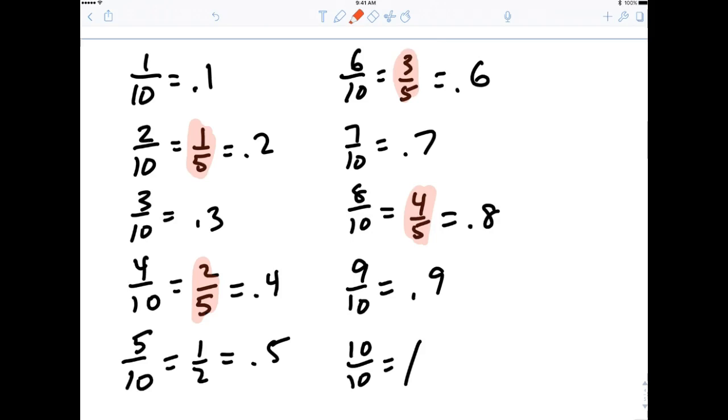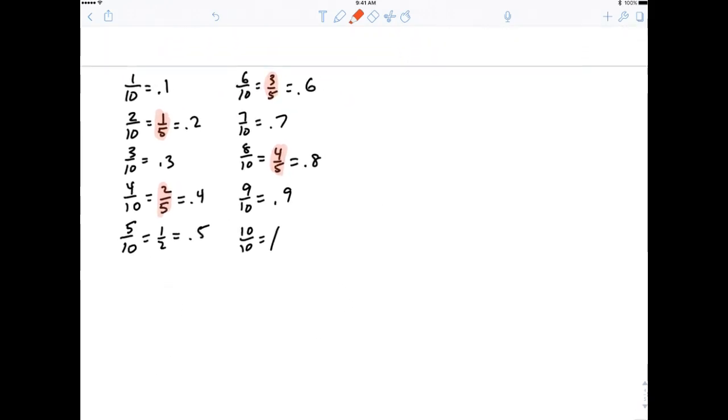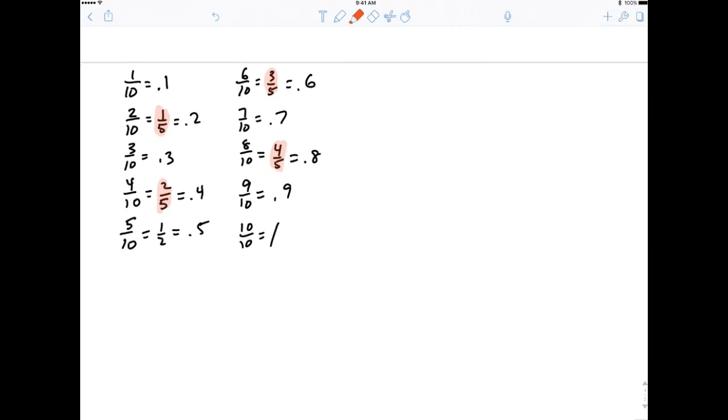Now, the next important part. I feel like everybody in here should know 1/4, 2/4, and 3/4. 1/4 is what decimal? Think about it in terms of the money in your pocket.